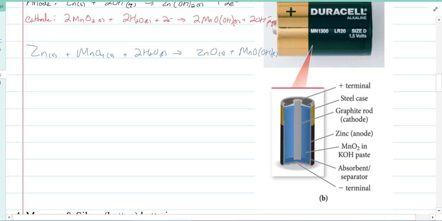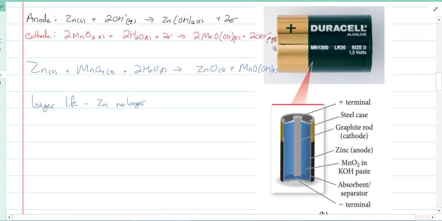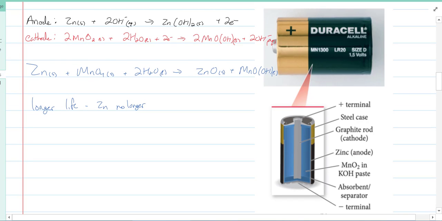And so what's nice about this? These have longer life. Why? Because zinc no longer... I have a mistake up here. It's not zinc hydroxide.